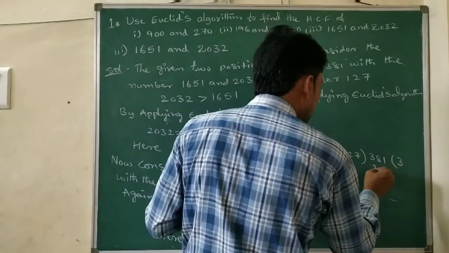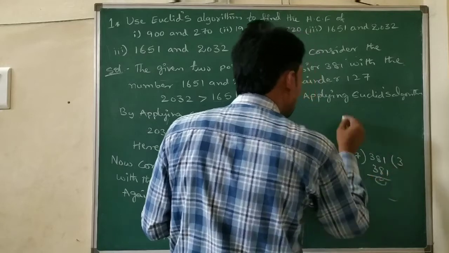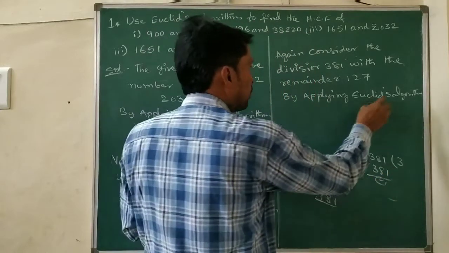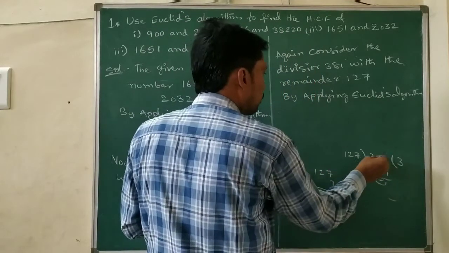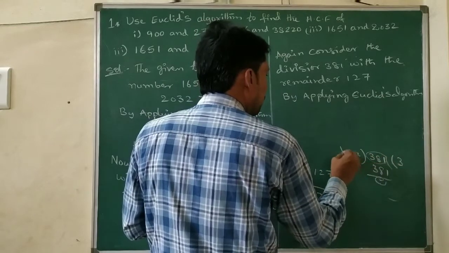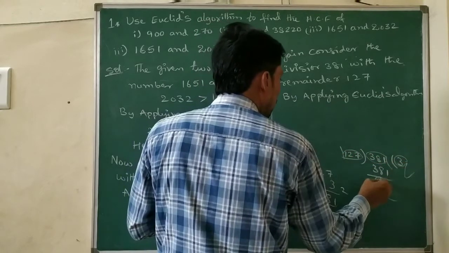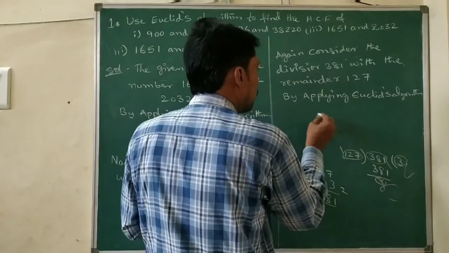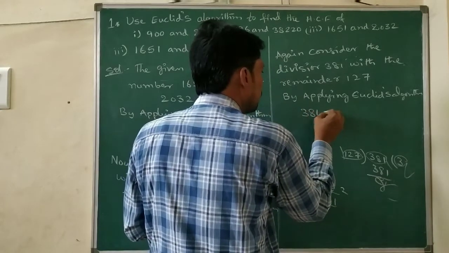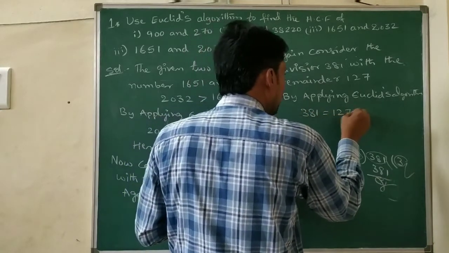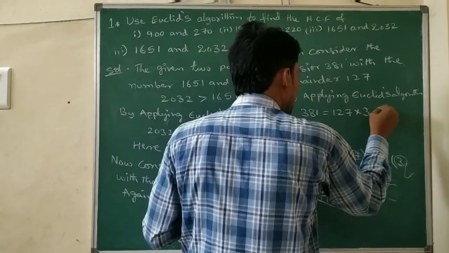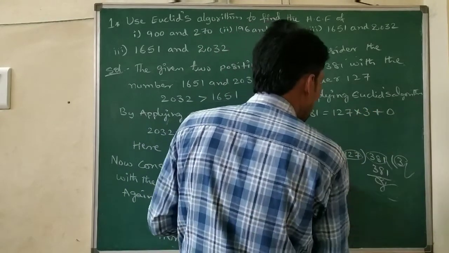Means 3 times is 381. So you can apply the division algorithm, A equal to B Q plus R: A, B, Q and the remainder R. So A equals 381 equals 127 into 3 plus 0.